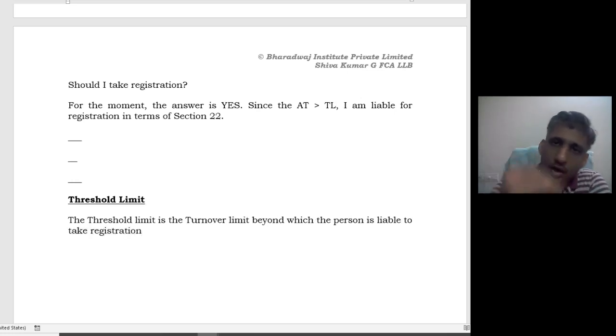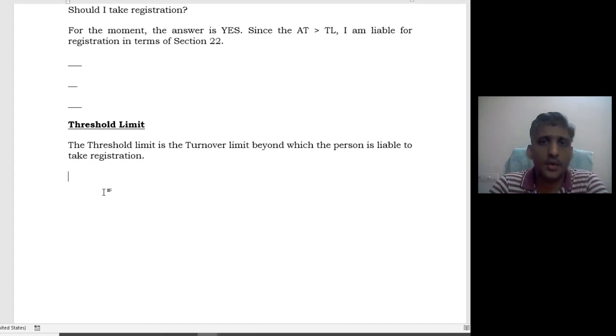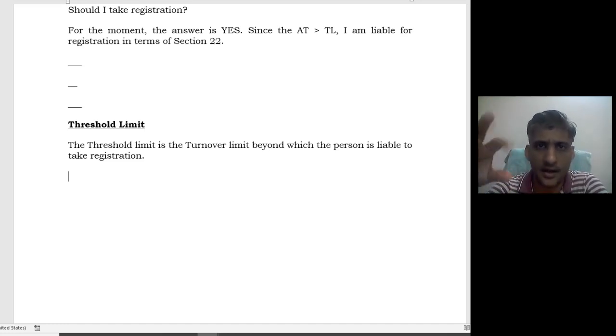So if your turnover crosses this, then you should take registration. So what is the threshold limit? Earlier, the threshold limit was simple. Right now it is too complicated.